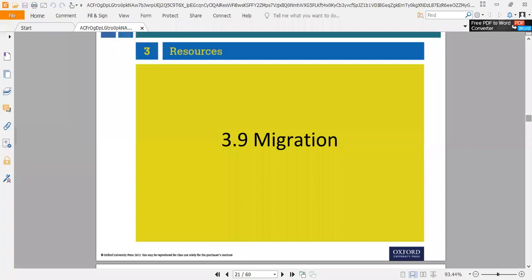All right. So notice we've been talking about migration for quite some time. We've been touching at it, touching at it, touching at it. So we are going to go a little bit more into it now. So what is migration? Come on, a member of the class, tell me what is migration.